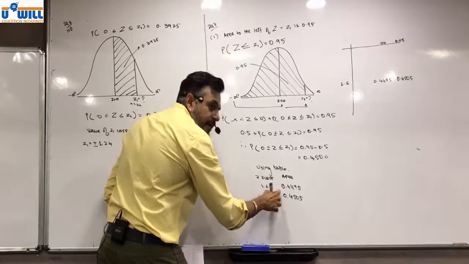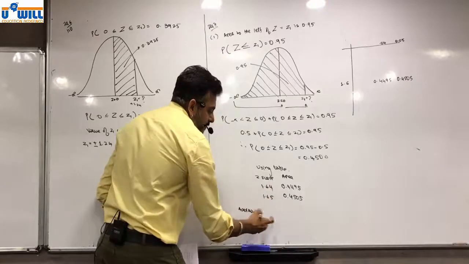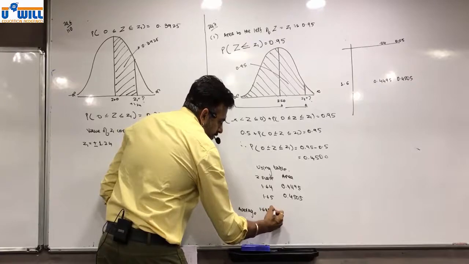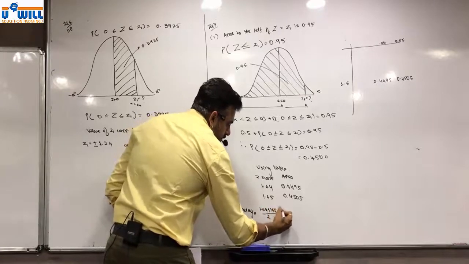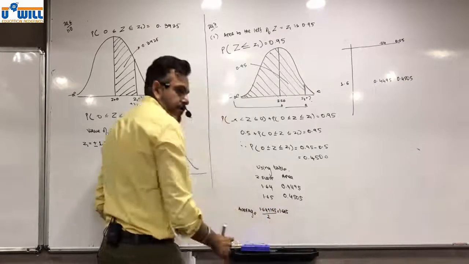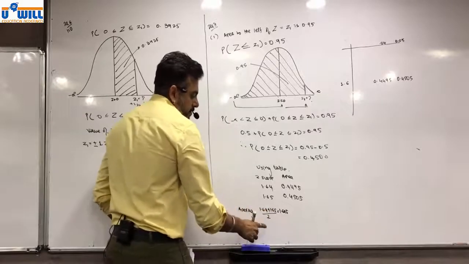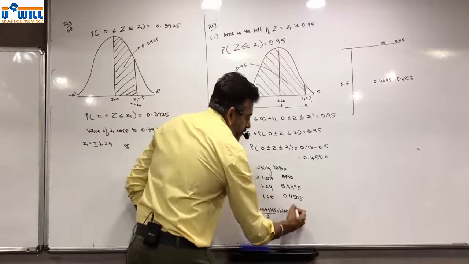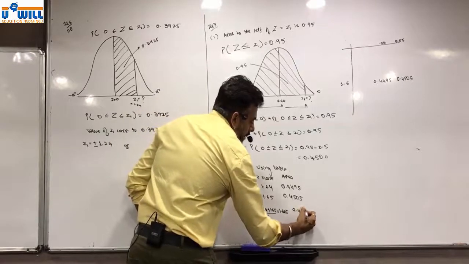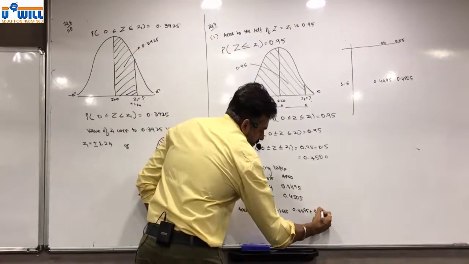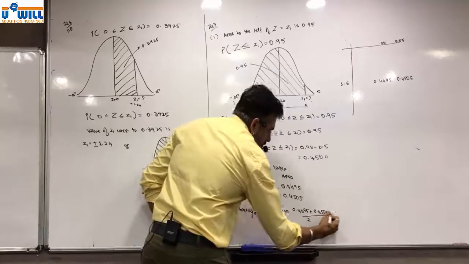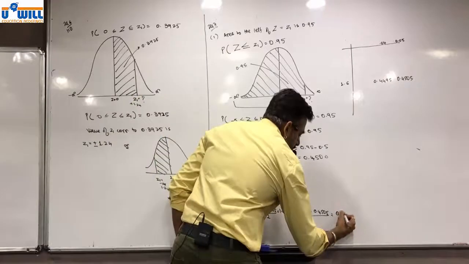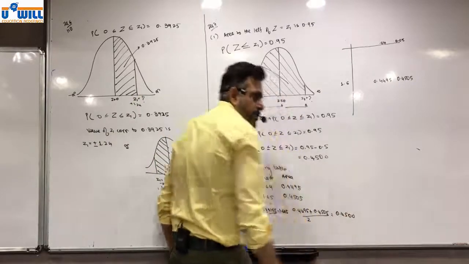Now, third is, we will take the area which is average. इन दोनों के बीच में ही कहीं पे है. So we take the average, that is 1.64 plus 1.65 divided by 2, which is 1.645, which will be what? इसका area plus इसका area divided by 2, which is 0.4495 plus 0.4505 divided by 2, which is equal to 0.4500.